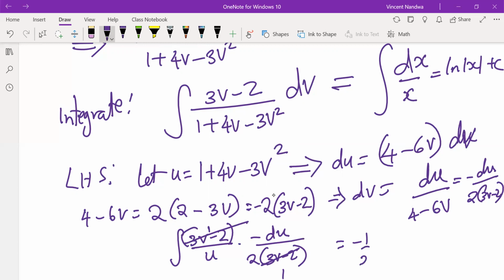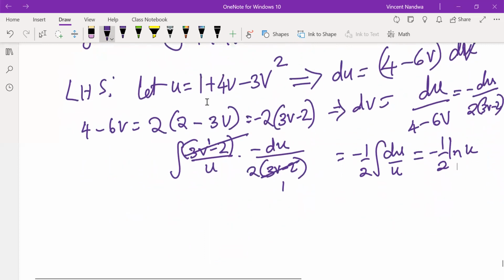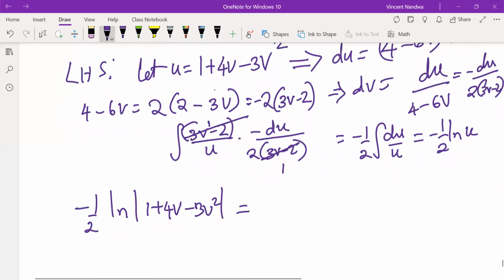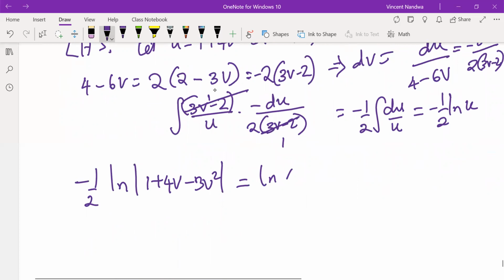We have negative a half integral of du/u, which is negative a half ln of u. So we'll have left-hand side negative a half ln of (1 + 4v - 3v²) equals ln of x plus c.